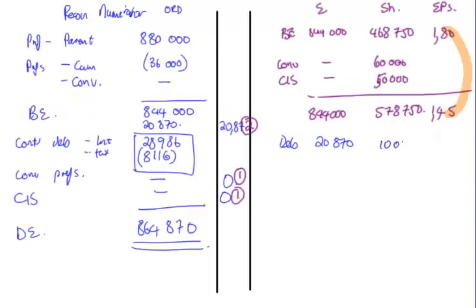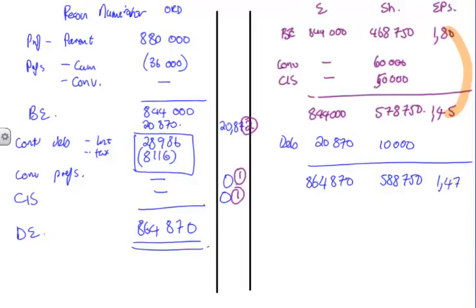And if I check my calculation now, I've got 864,870 divided by 588,750, which is 1.47.